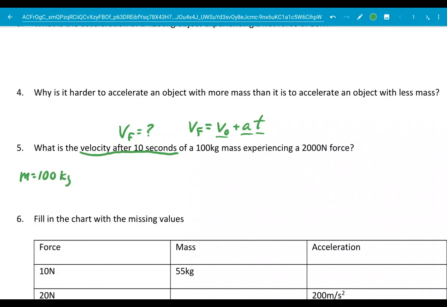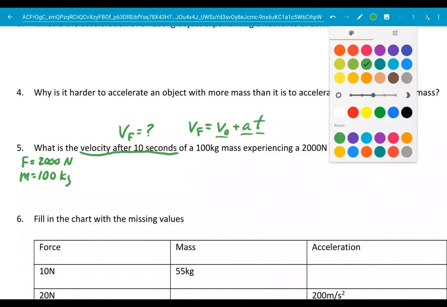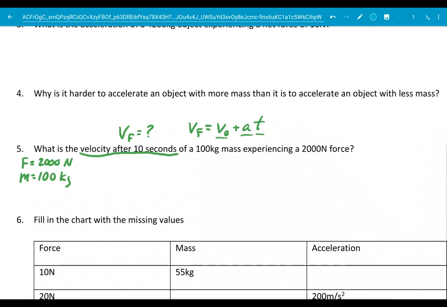The force is 2,000 newtons. To be able to answer this question, we're going to need to know how much it is accelerating. That will let us figure out how fast it's going after 10 seconds.